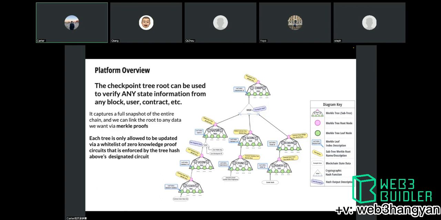So basically you give which checkpoint you want a certain value for any of these Merkle trees from. But yeah, we also allow contracts to include Merkle proofs that tie to historical data. So I can prove things about the state of the blockchain at a previous state, which is very useful if you want to have more complex logic, but you don't want your contract's Merkle tree to be too deep.